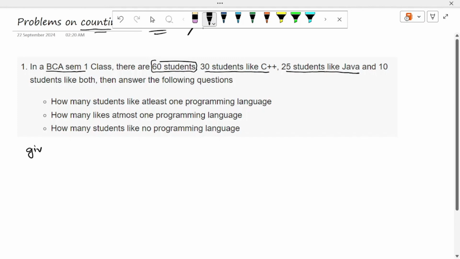So whenever you are solving a question, write whatever is given. You have got two choices. Either you can write given: total number of students is equal to 60.